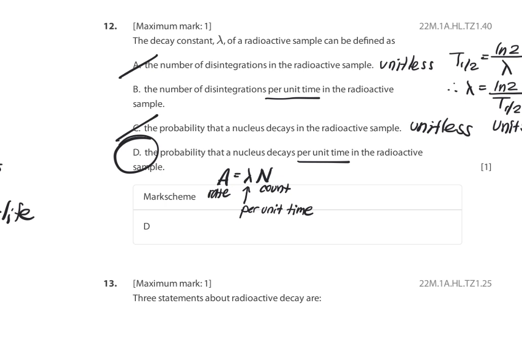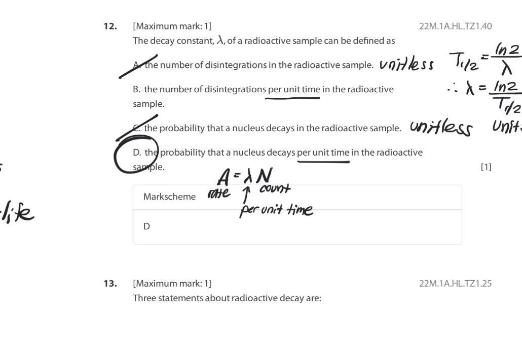But how much radioactivity you get, the rate of radioactivity, depends on whether or not a nucleus is going to decay. So that activity rate is the probability per unit time that the actual count is going to be affected.